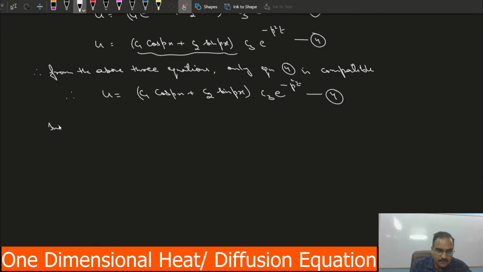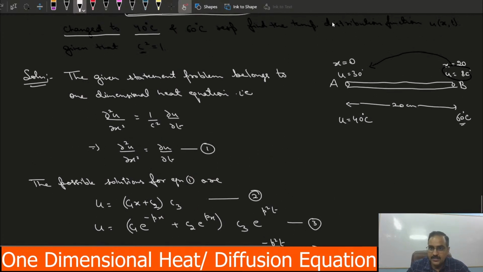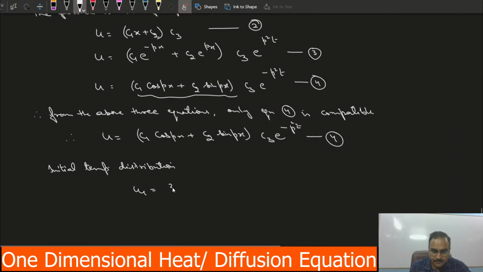The initial temperature distribution, let it be u1, is equal to the initial temperature plus final temperature, so 80, minus the initial temperature, into the displacement x over the length of the rod, that is 20.